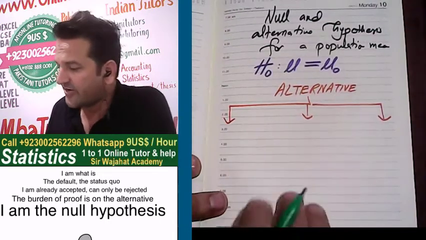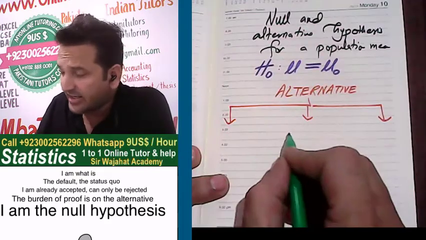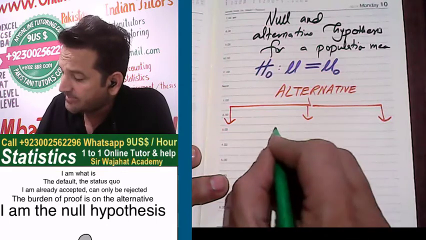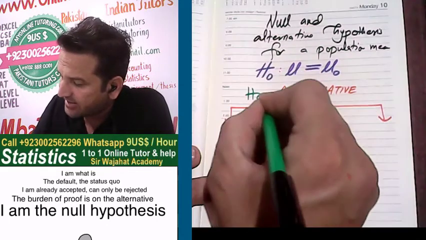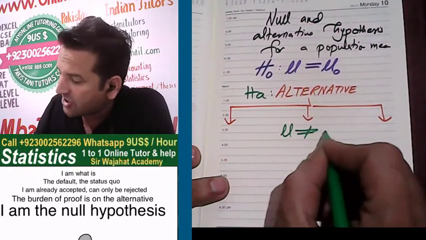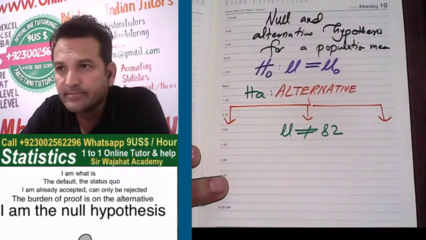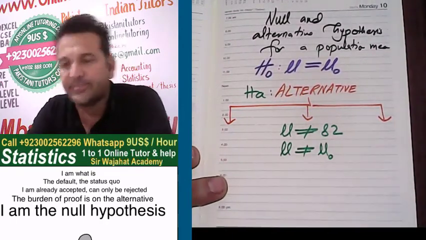Now we have 3 different options for alternatives. Either we can say that HA will be mu is not equal to 82, or mu is not equal to mu naught.